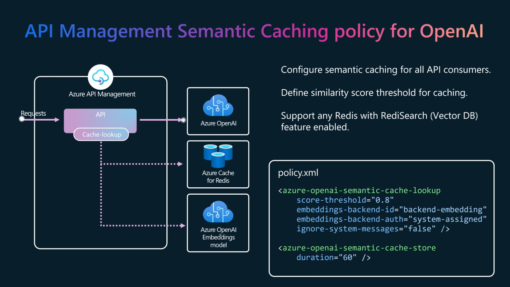That could be Azure OpenAI or any other embedding model, in order to create a vector out of that prompt and response, and then you save the prompt, response and vector into the Azure Cache for Redis. This operation will be performed by the policy itself. So you just configure the policy with the embedding backend ID, which is the embedding model here, and then you configure whether you want to ignore or add the system message.